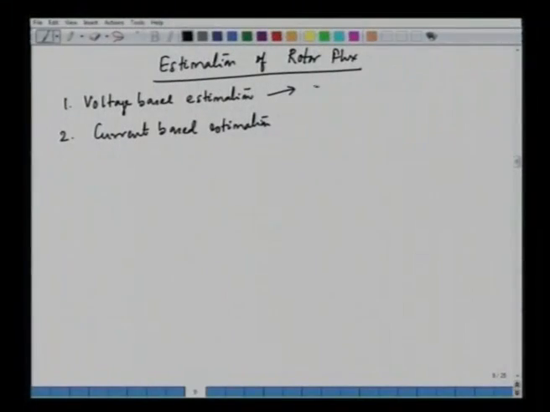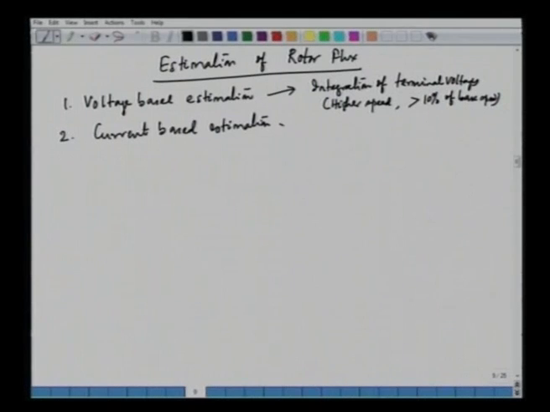So, the voltage based estimation relies primarily on integration of terminal voltages, and this is more suitable for higher speed, typically greater than 10% of the base speed.